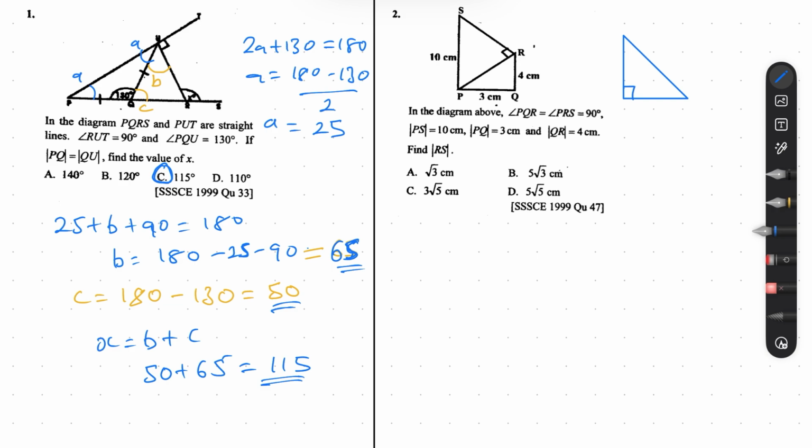The longest side, which is opposite to the right angle, is called the hypotenuse.